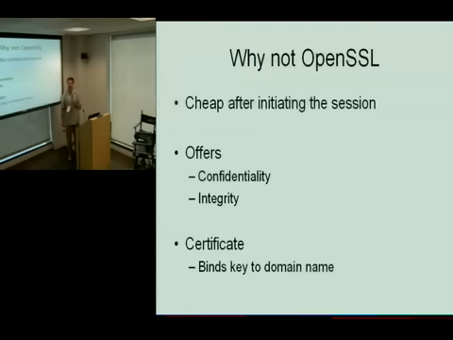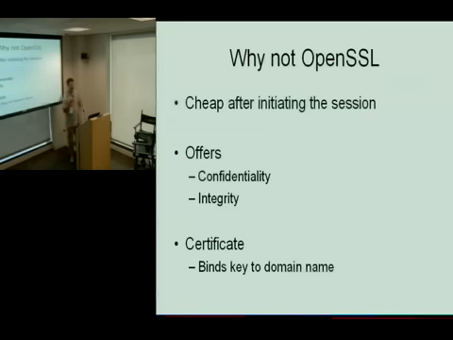So why is OpenSSL not a good solution for this? It's fast, well implemented, and widespread. And OpenSSL is also very cheap. Once you initiate a session, you're basically just paying cryptographic hash costs and encryption costs, which have extremely high throughputs, and of course framing overheads.